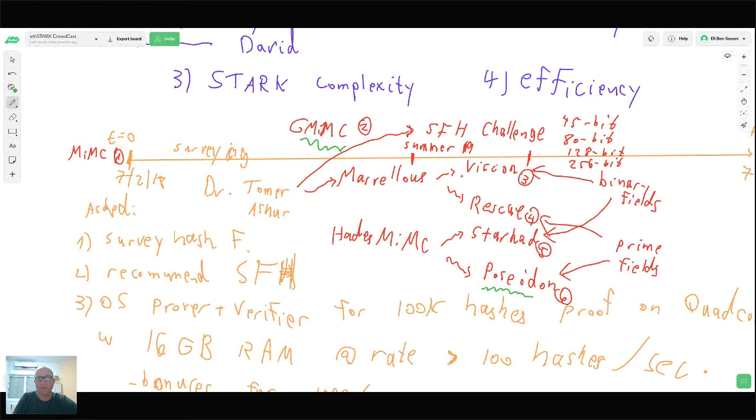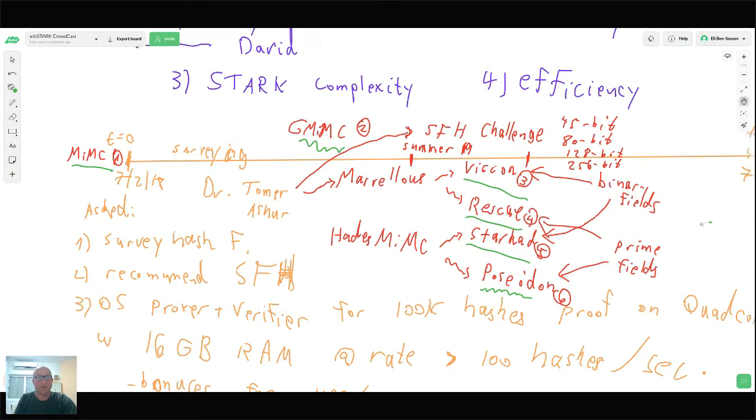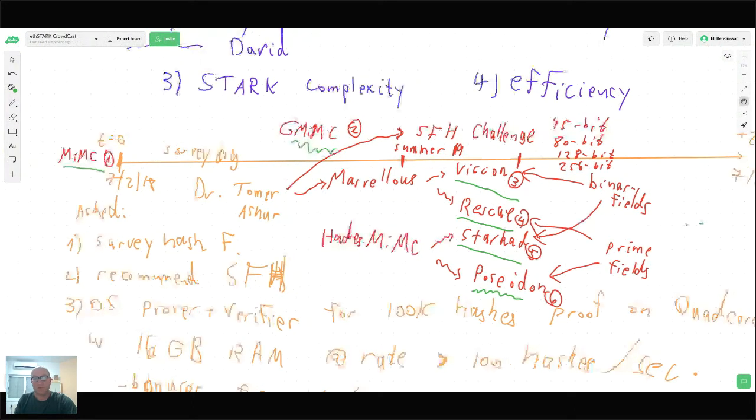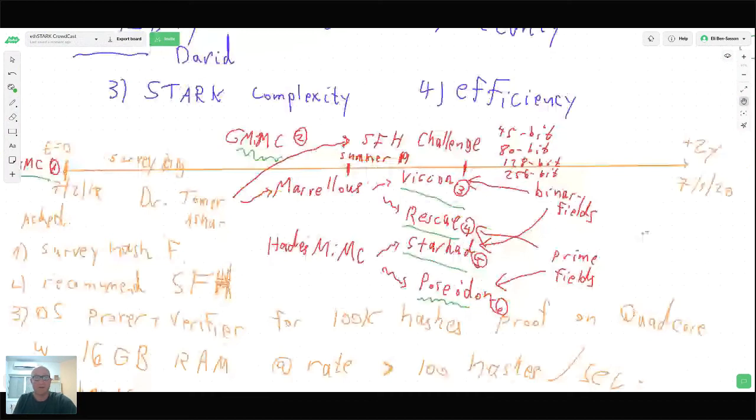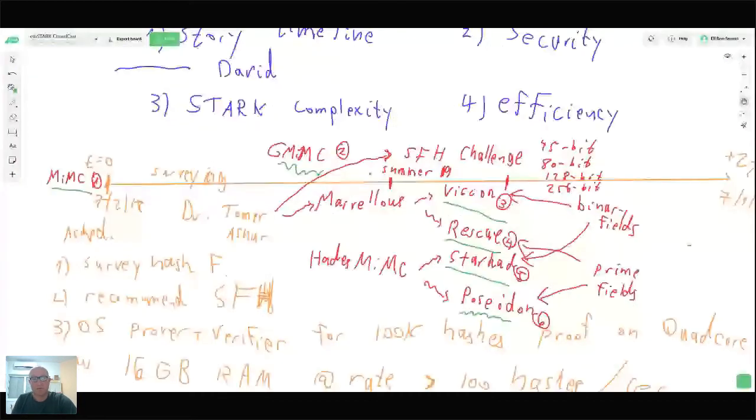So Poseidon had certain problems, GMiMC had certain problems, and this left us with fewer contenders, namely Vision, Rescue, StarkAD, and also MiMC. Those were the ones that we, in the short timeline that we had, could use. Then we went back and looked at the other parameters that David will soon take over and explain, the STARK complexity, which is the most important parameter for us, and also the efficiency.